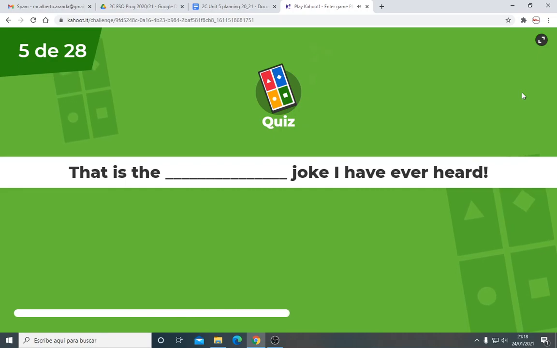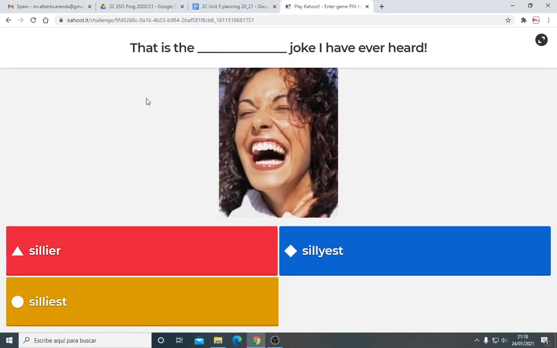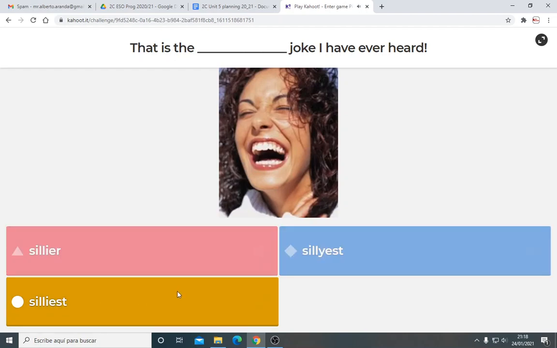Let's keep going. This is going to be a superlative. Silly has got 2 syllables but ends in Y. So it's going to be the silliest. But the Y, when we do a superlative, it has to turn to I. So this is the correct one.